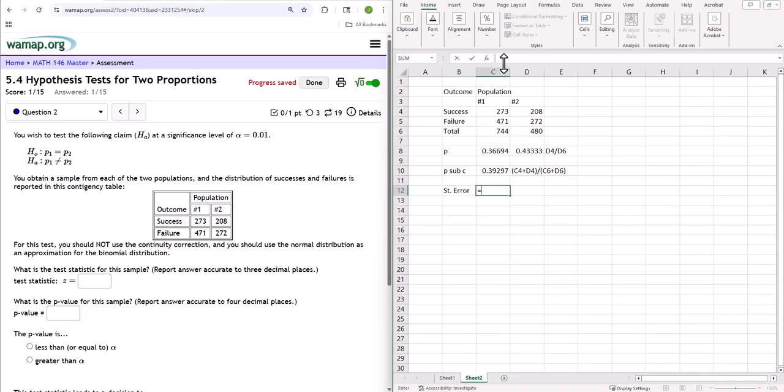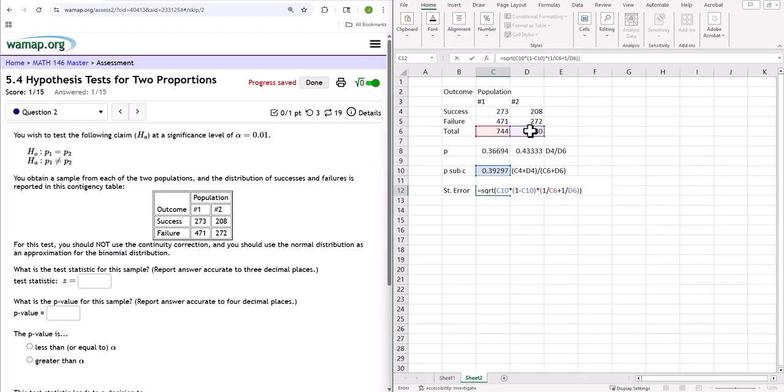Now our standard error is the square root of P sub C times 1 minus P sub C, and we multiply that by 1 over n sub 1 plus 1 over n sub 2, making it match our formula.